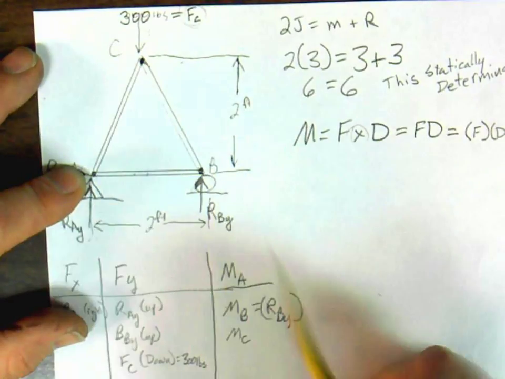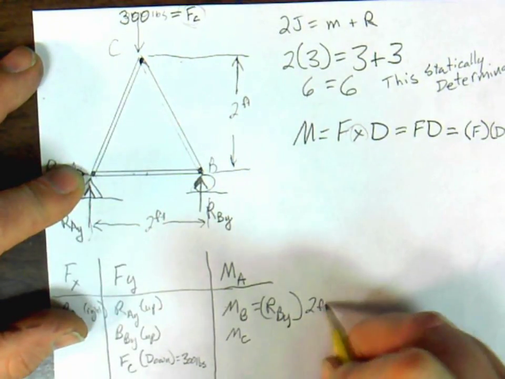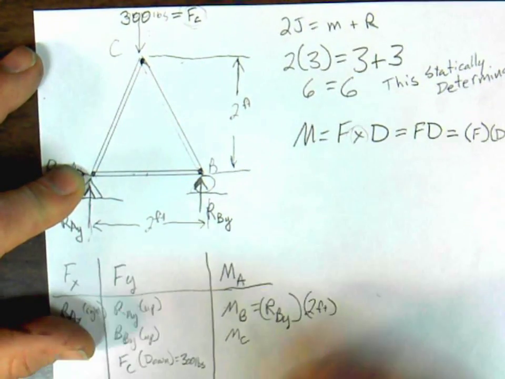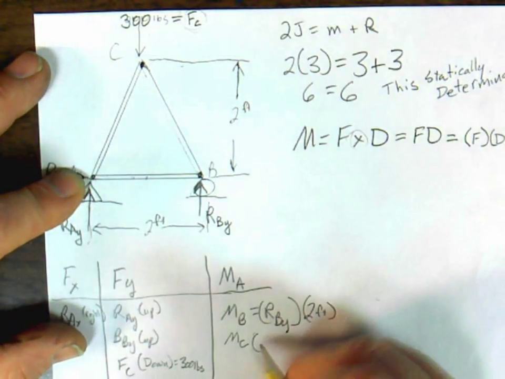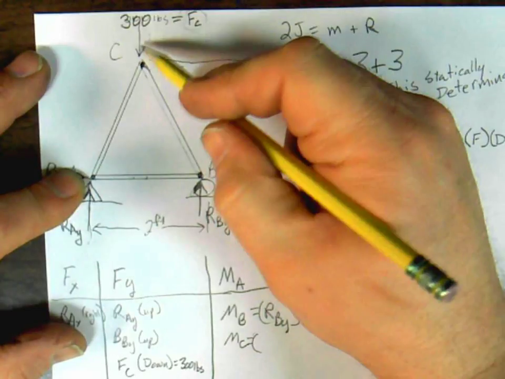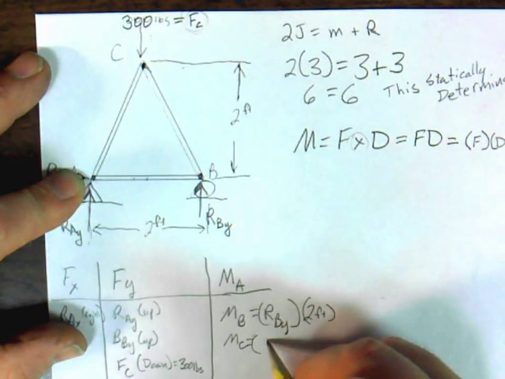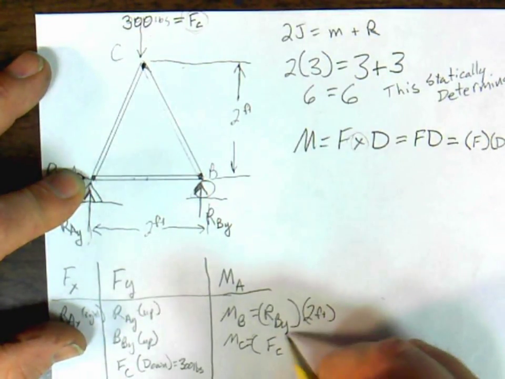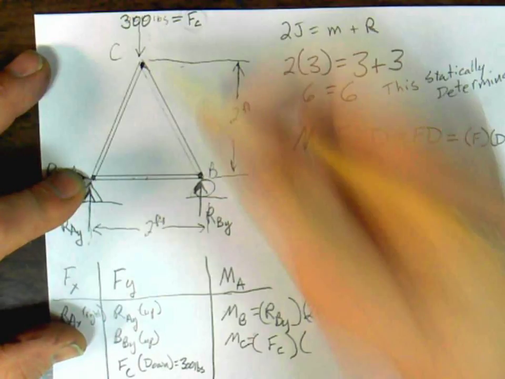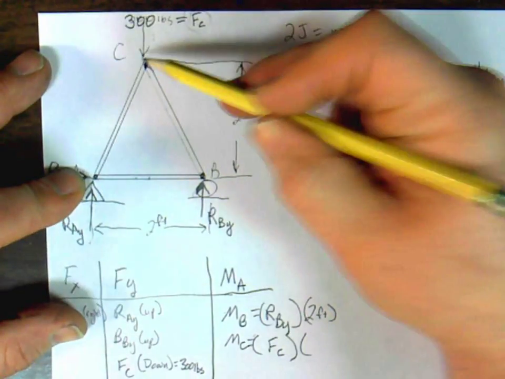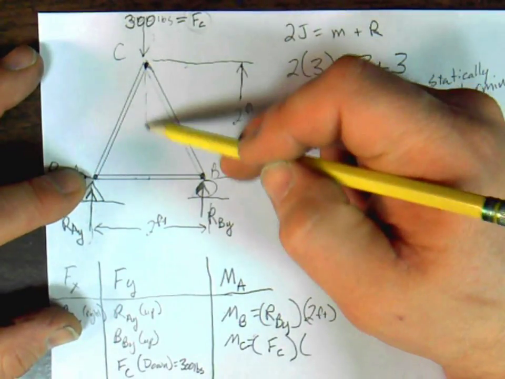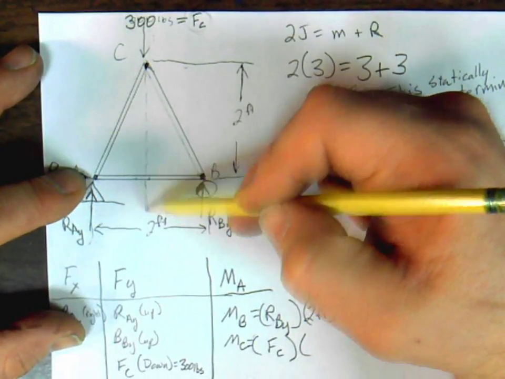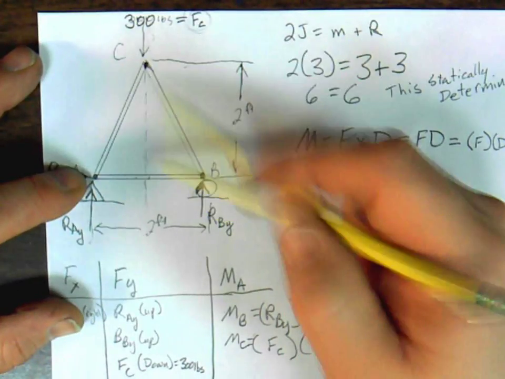Now, the moment about C is the force at C. There is an applied force there at C. And my distance, well, how do I determine the distance to this pin? Well, we can just bring this down here, and we notice that this is intersecting right in the middle. So our distance here is 1 foot.